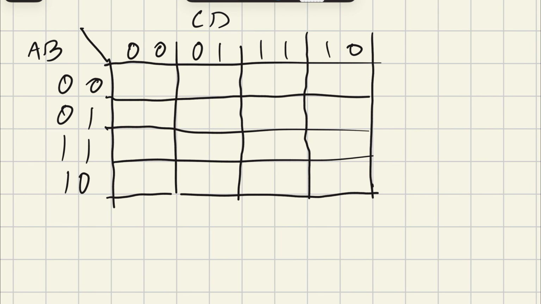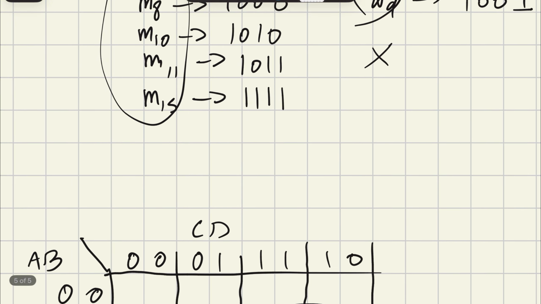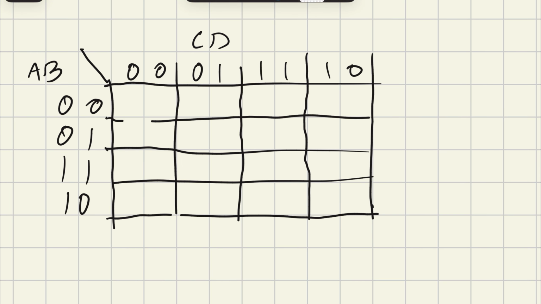Now that we've drawn out our 4 variable k-map with A and B as the rows and C and D as the columns, we can go ahead and put the ones in all of these corresponding minterms. So that's going to be in minterm 0, there's going to be a 1 over here, over here, over here, over here, and over here.